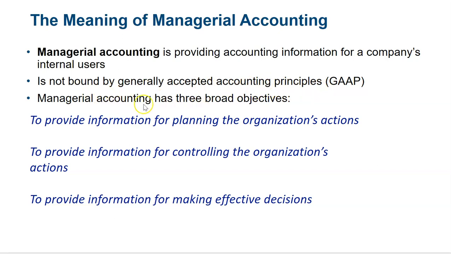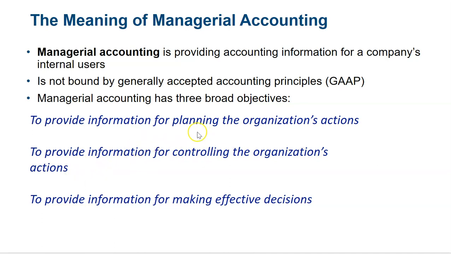And then it says we have three broad objectives. So let's think about this and read what it says. It says to provide information for planning the organization's actions. So this doesn't have anything to do whatsoever with anybody outside of the company. To provide information about controlling the organization's actions.